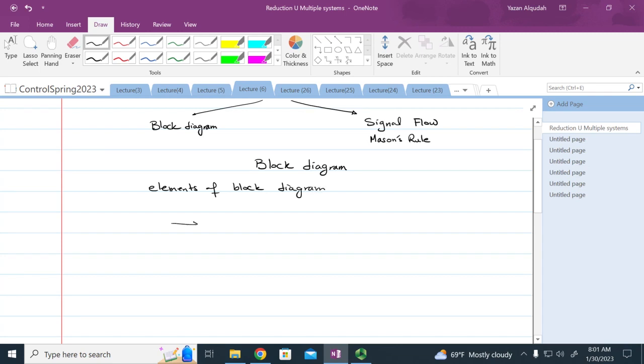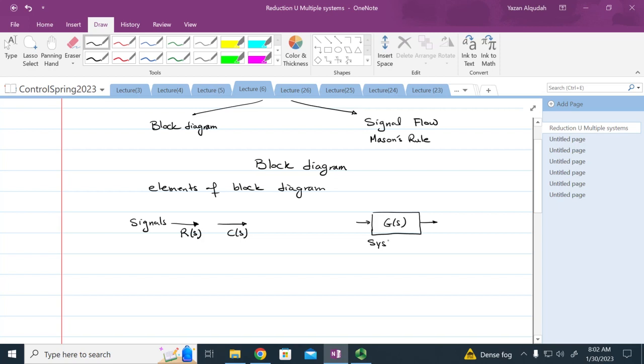We have signals, which we represent by these arrows. So we can have the input, we can have the output. And depending on where the arrow is, it will be clear whether it's an input or an output. Another component is the system or subsystem, and we represent it with a rectangle that will have the transfer function inside of it.